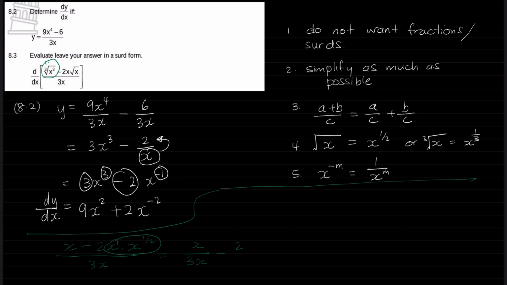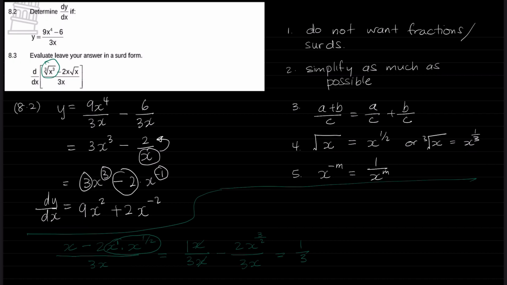The imaginary exponent there is 1, so 1 plus half is 1.5 or 3 over 2. So 2 times x to the power 3 over 2, and that's divided by 3x. Now let's simplify as much as possible. This x will cancel that, and so we're going to be left with 1 over 3.